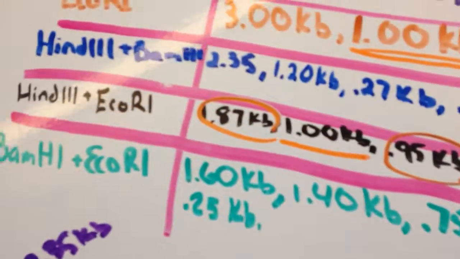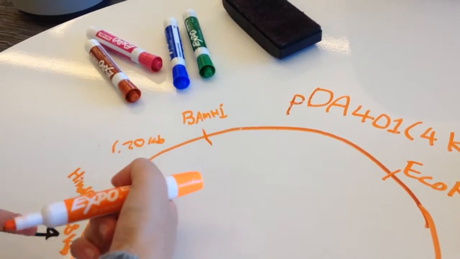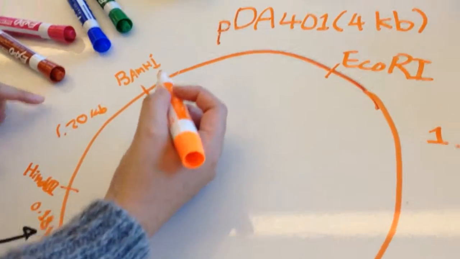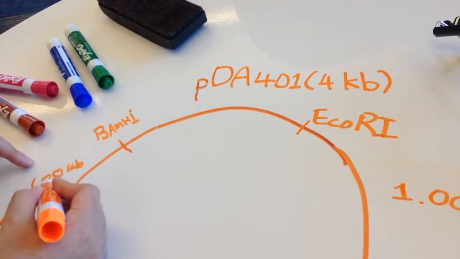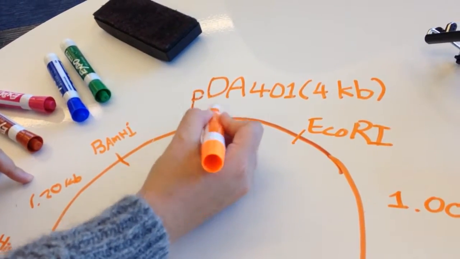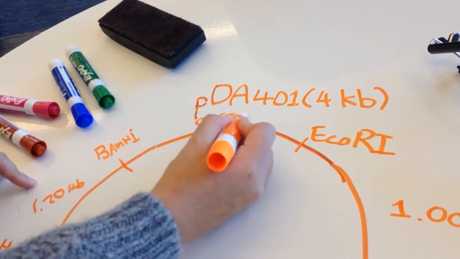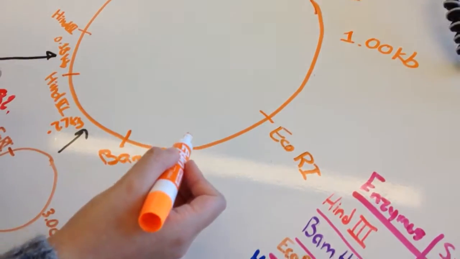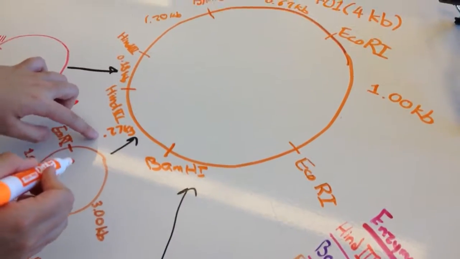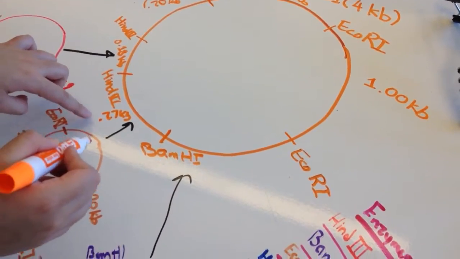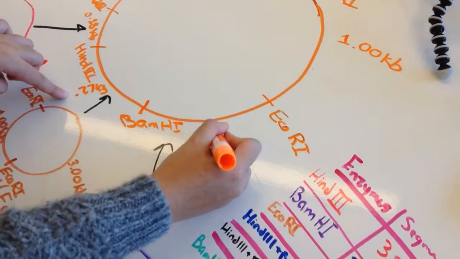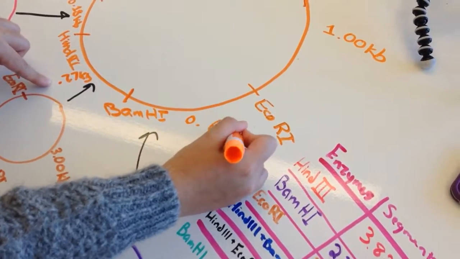So we're going to assume that this long segment is 1.87 kilobase long, and if you subtract 1.20 kilobase, this will be 0.67 kilobase. And then this should be 0.95 kilobase, so when we subtract 0.27 kilobase, it will be, give me a second, 0.68 kilobase.